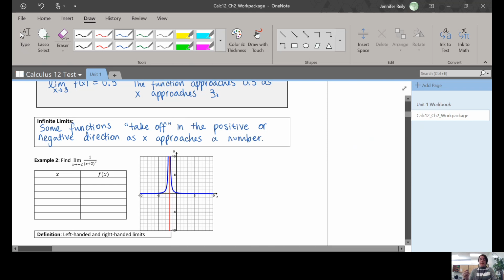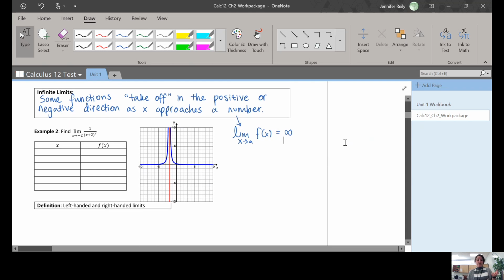And in that case, what we say is, I don't have space here, but I'll write it here. The limit as x goes to a of the function is infinity, or it could be negative infinity. And again here, the function would not be defined at this point, but the limit gives you more information about the function than just being undefined.